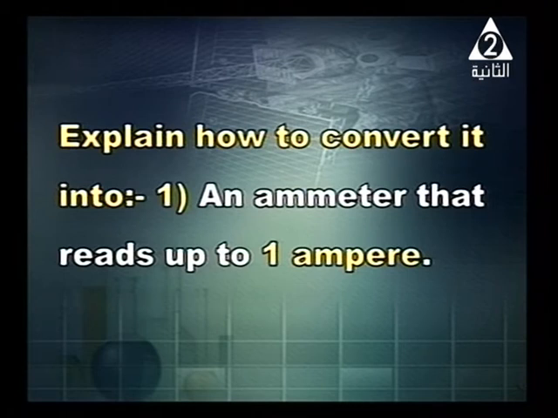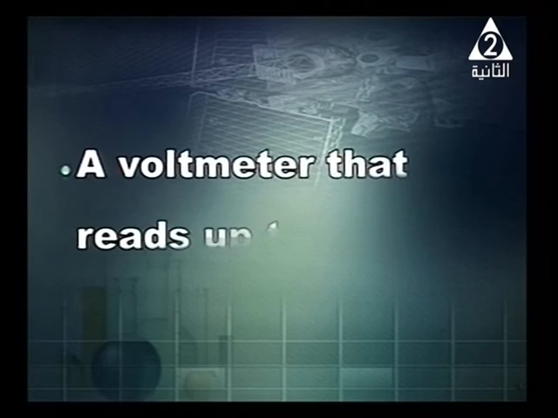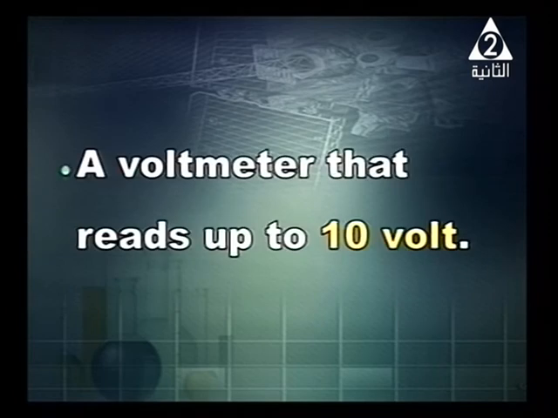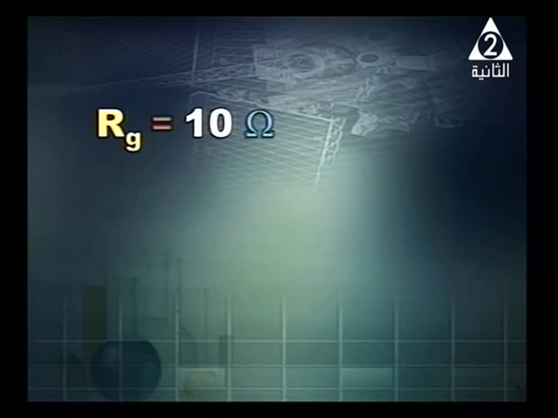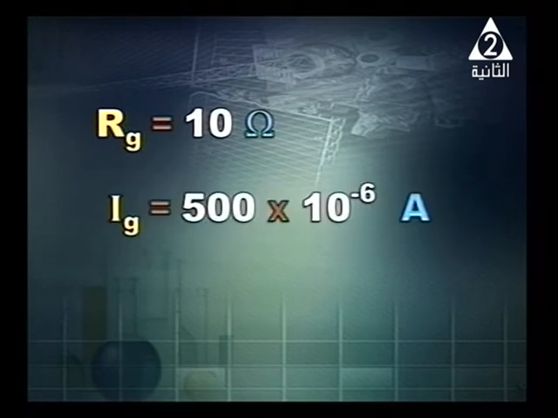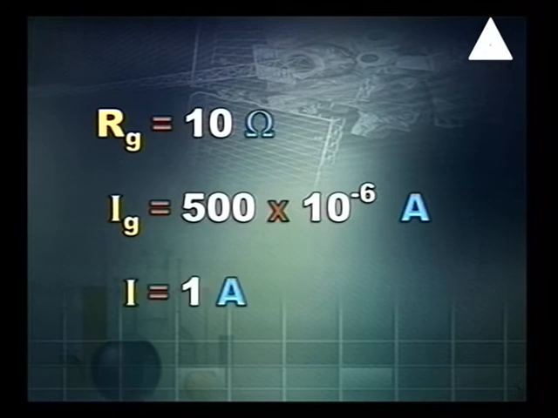And how to convert it into a voltmeter that reads up to 10 volt. 10 volt is V. So once again, given in the problem, the resistance of the galvanometer is equal to 10 ohms. Ig, full scale deflection, is 500 times 10 power negative 6 ampere. The maximum current to be measured is 1 ampere.